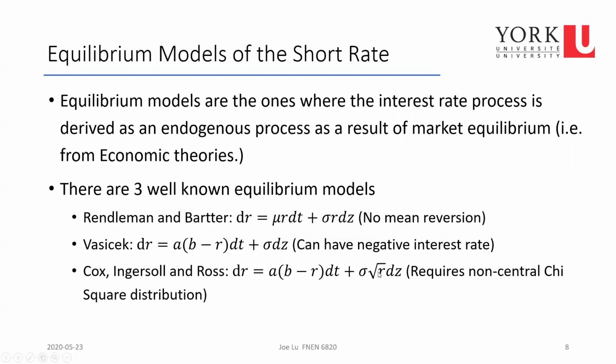Now, mean reversion is a very key aspect of interest rates. If you look at stock price, the stock price can go anywhere. It can go as high as you want, it will never actually get stuck at a particular level. But for interest rates, you don't see interest rates going up to like 100%, 200%.